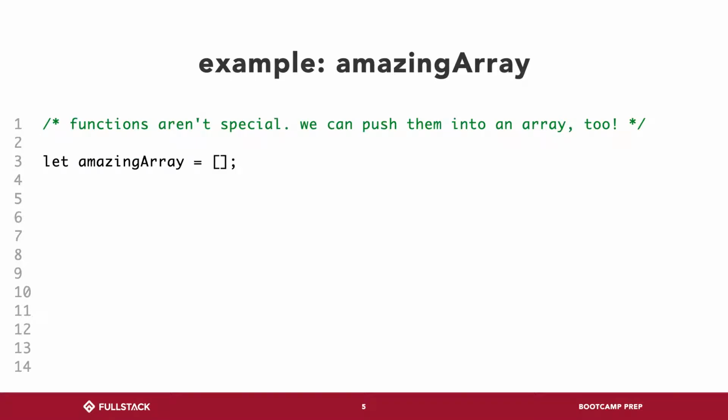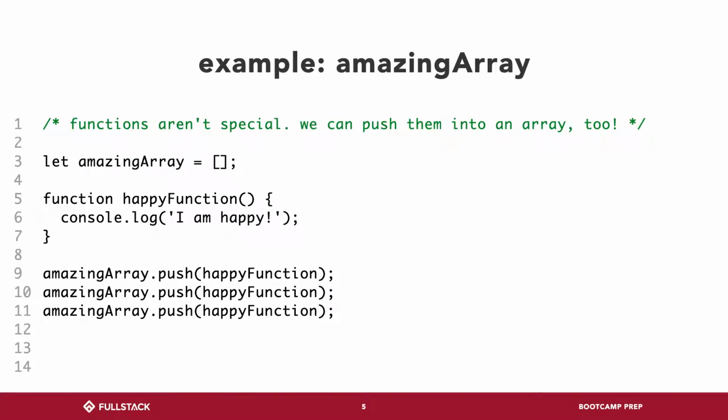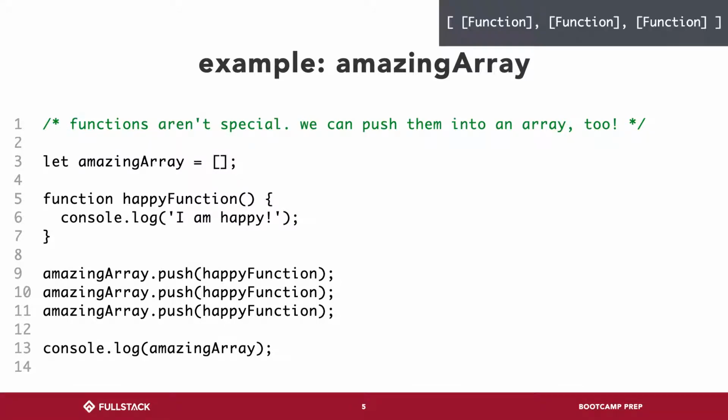So now, functions aren't special, and we could pass them into an array too. If you say a function is happyFunction, and it just console logs I am happy, and then you push happyFunction three times into amazingArray, what we get is an array: function, function, function. So you can push functions into arrays.